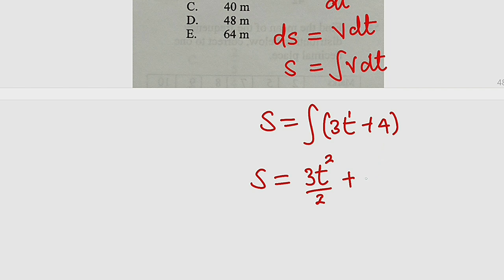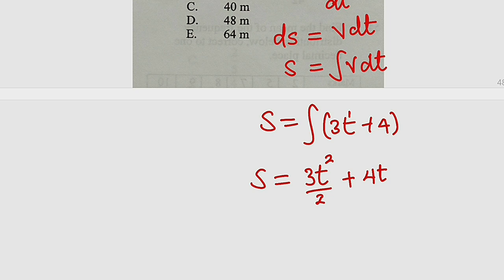Plus, if it is a constant, just attach the variable t. Alright, plus the constant of integration. But this constant of integration must be 0. Why? Because at the initial stage, where the distance is 0 and the time is 0, everything will be 0. Therefore, the constant will be 0. Let me just remove it.